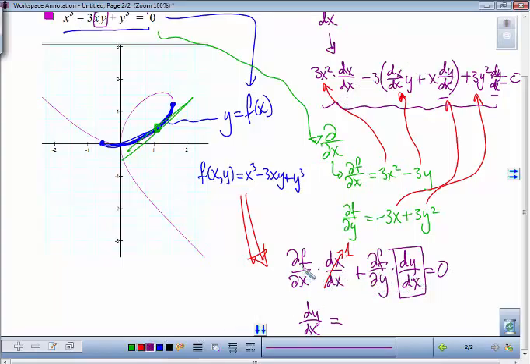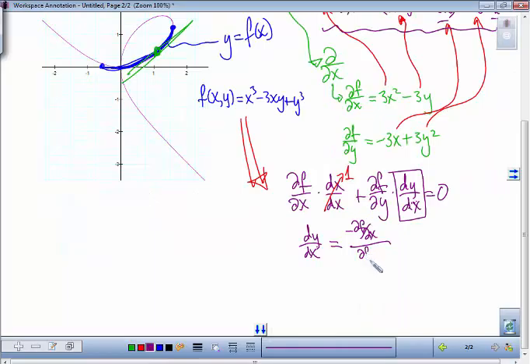So what do I need to do? Bring the df dx over to the other side, and that gives me a negative df dx, and then I need to divide out by df dy. And so this is my implicit differentiation formula from Calculus 1.